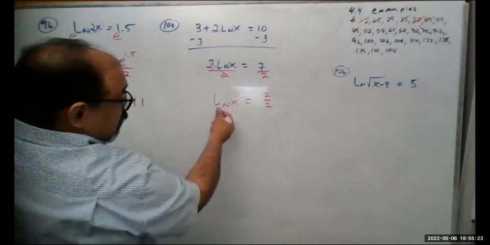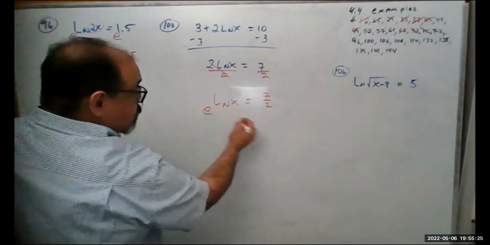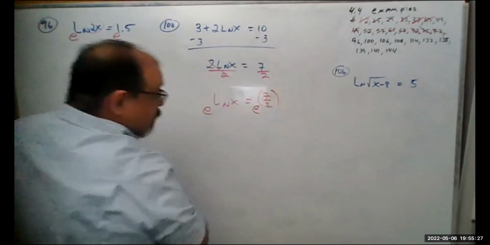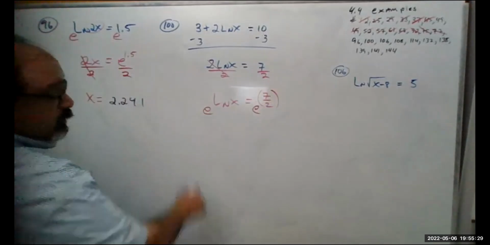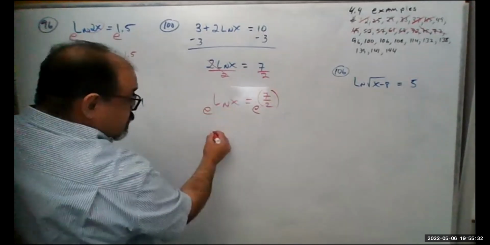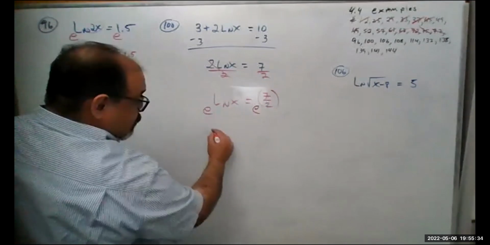To undo the logarithm, you exponentiate both sides as a power for e. So e to the natural log of x is just x.